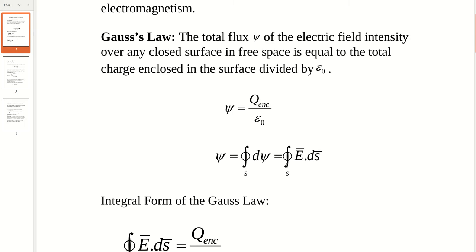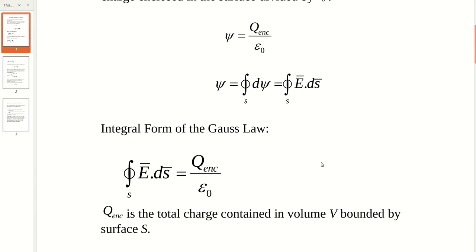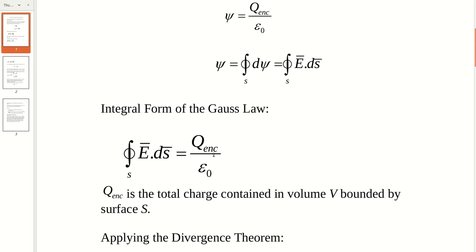So this is equal to the closed integration of E dot dS. This is the integral form of Gauss's law. You take the equality, this equals this.